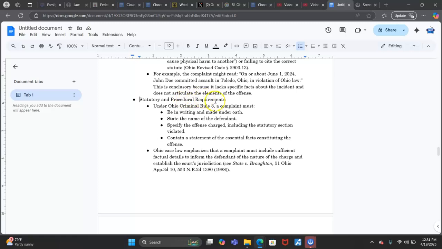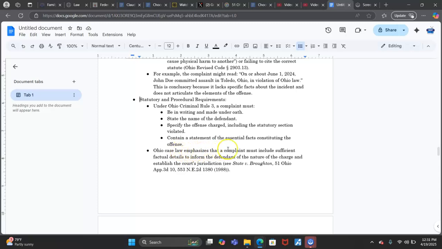Statutory and procedural requirements. Under Ohio Criminal Rule 3, a complaint must be in writing and made under oath. State the name of the defendant. Specify the offense charged, including the statutory section violated. Contain a statement of the essential facts constituting the offense.